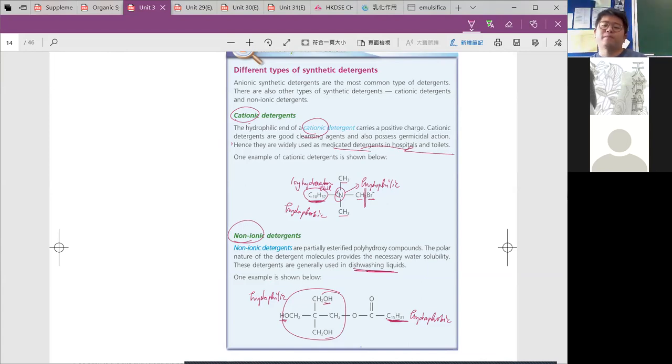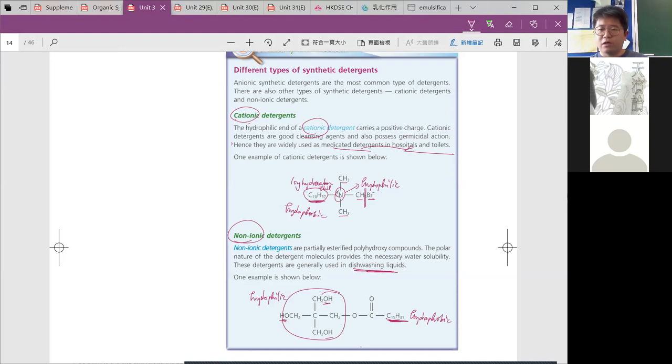We need two parts, right? One is hydrophobic, the other one is hydrophilic. Do you understand? Questions? Anything you still have doubts? Let me know now.